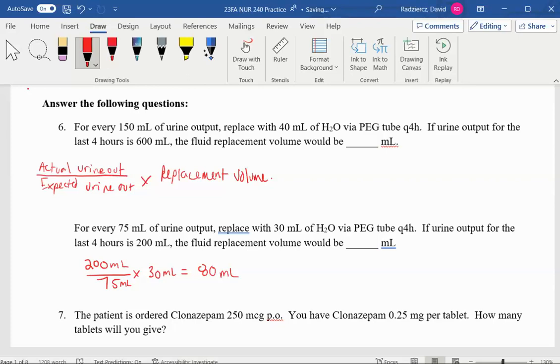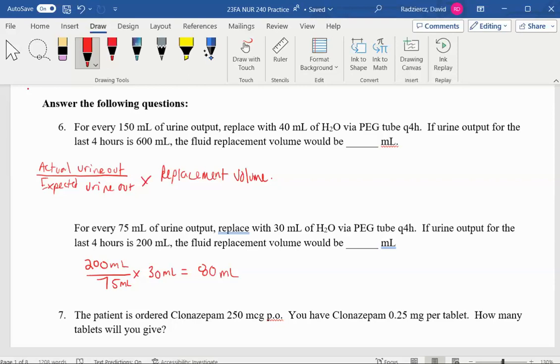So what do I mean? When you look at the question, it tells you for every 150 milliliters of urine output, replace with 40 milliliters. So you have your expected 150 milliliters of output and then your replacement volume of 40. That's your ratio. Then it says if your urine output is actually 600 milliliters, so that's where your actual urine output comes from.